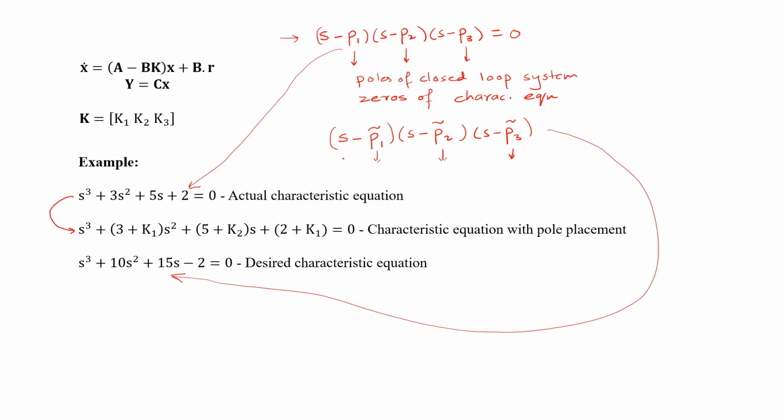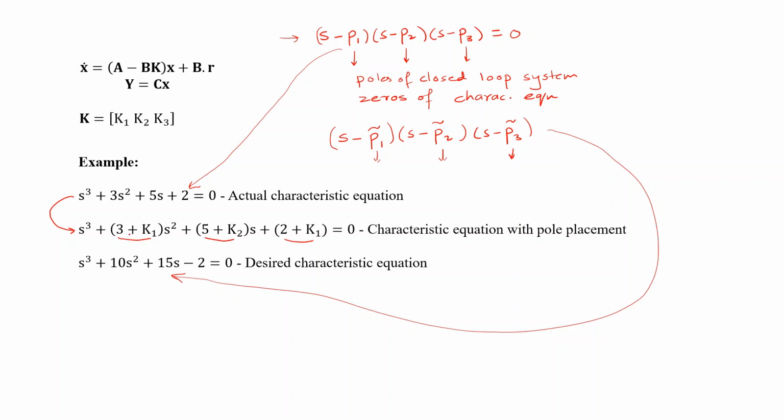I am not covering much detail because you have already seen this in your third year, and you will also see this in the control systems theory class. So this actual characteristic equation after pole placement becomes like this, where these are the new coefficients of the characteristic equation.